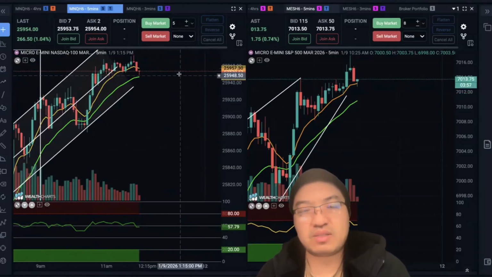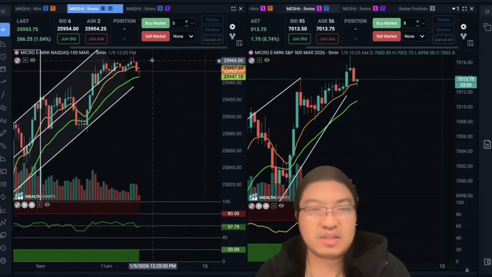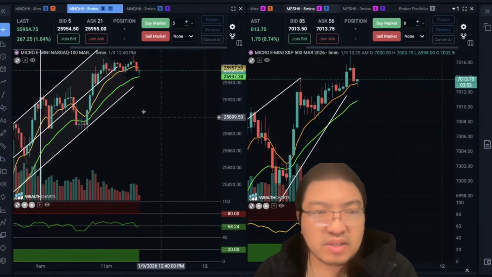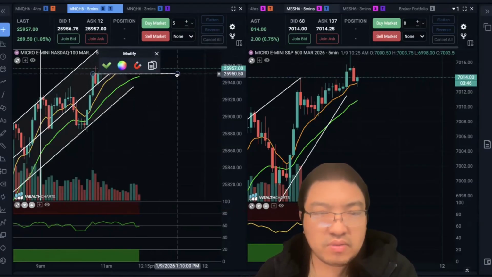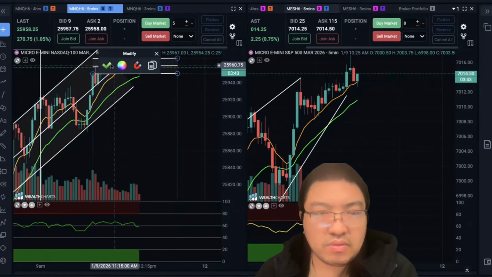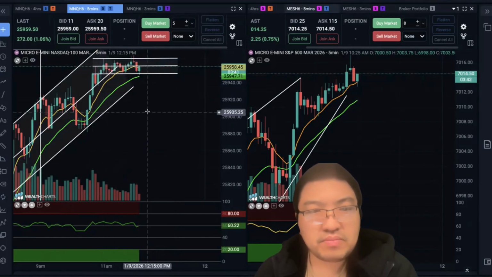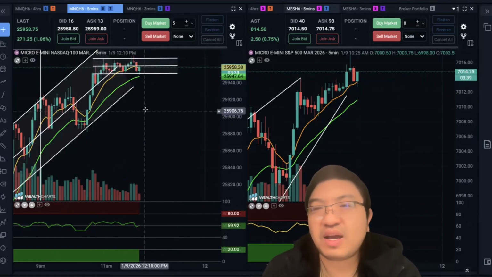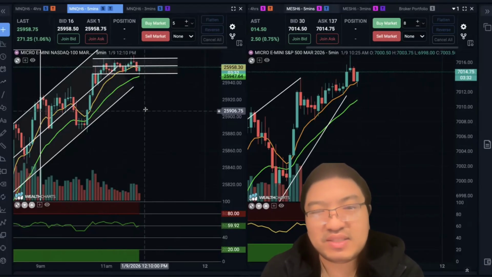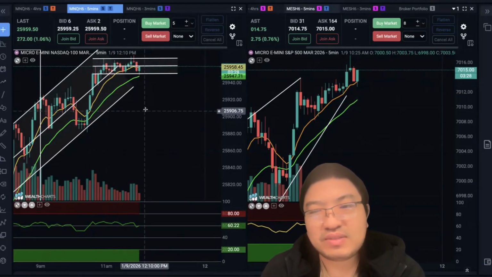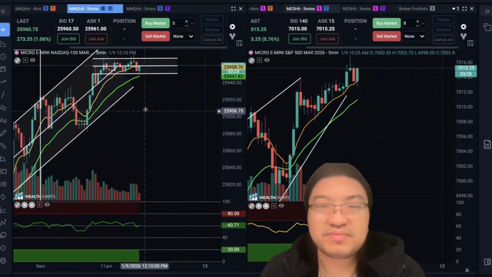Oh, it triggered my stop loss and resumed upside. Trigger my stop loss and get back. Maybe I should set my stop loss at 21. I don't know. And resume upward.